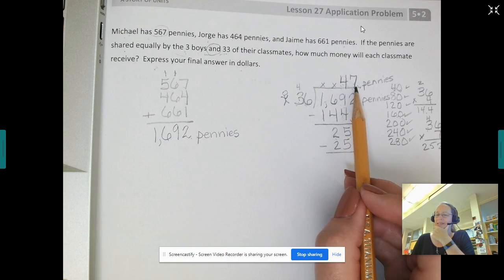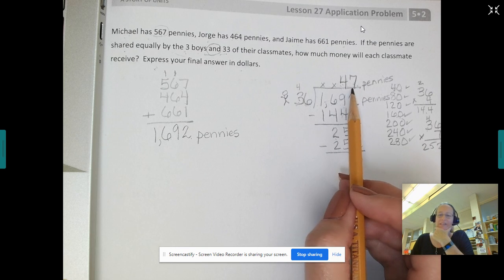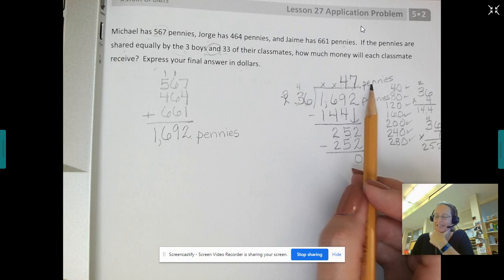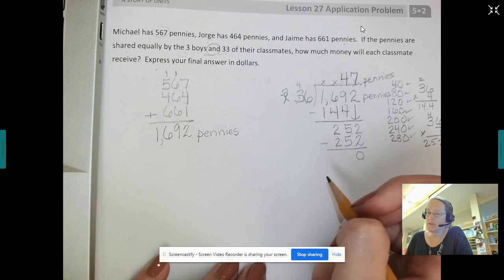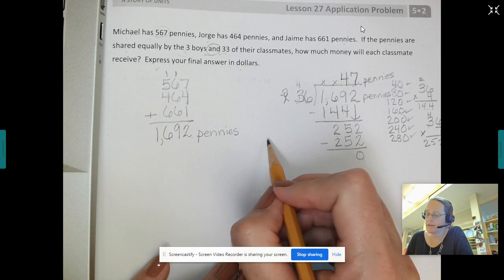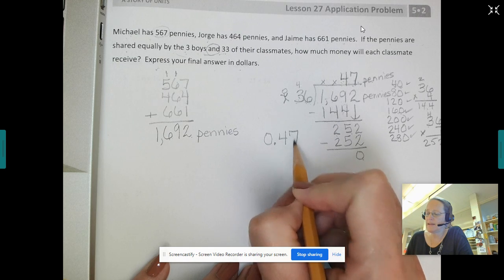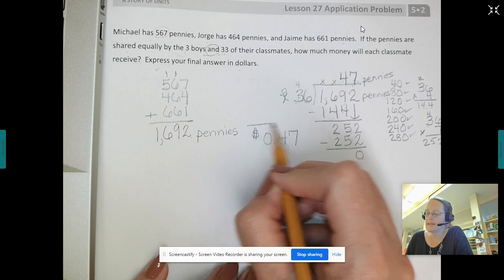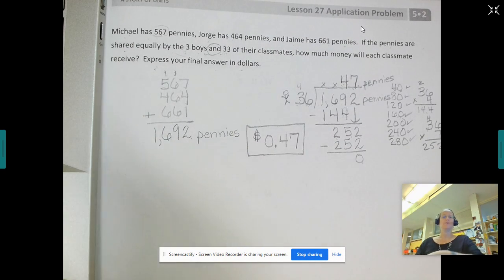Well, what would 47 pennies equate to when we're talking about money? It wouldn't be $47. It would be 47 cents. So the way we write that, it's 47 hundredths of a dollar. So 47 cents is the amount of money that each person would get.